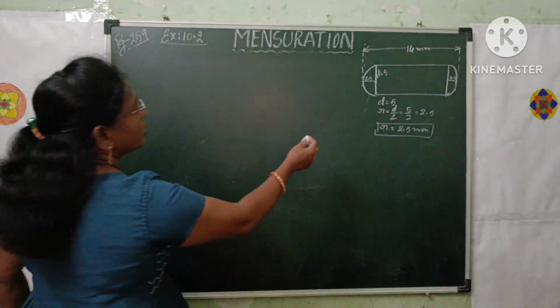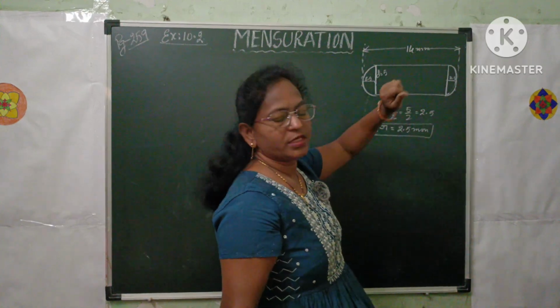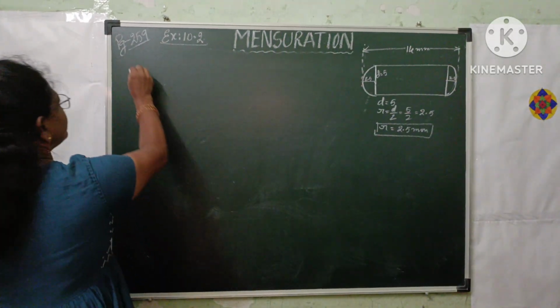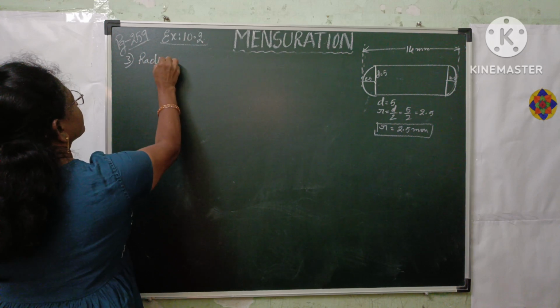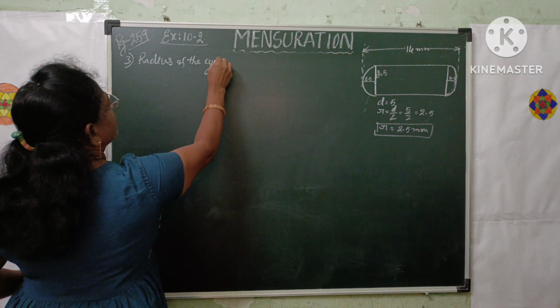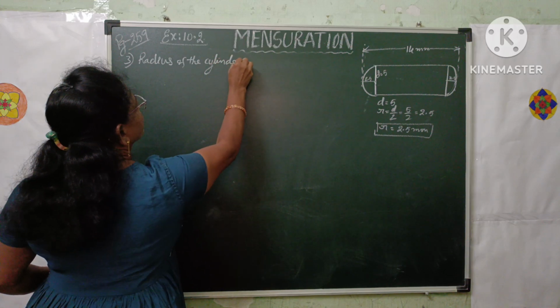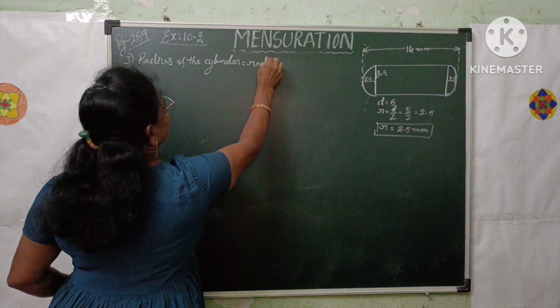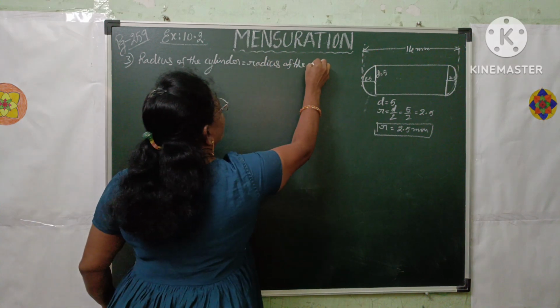And also here the radius of the hemisphere is equal to the radius of the cylinder. Third one, radius of the cylinder equal to radius of the hemisphere.